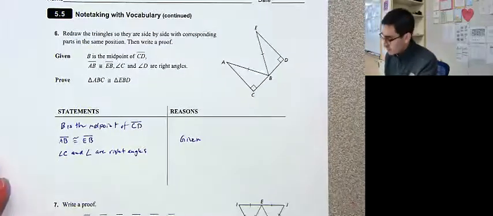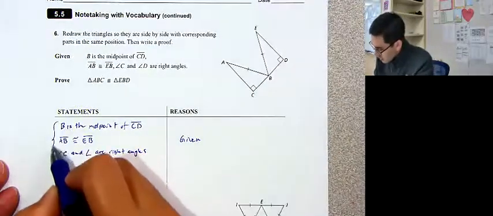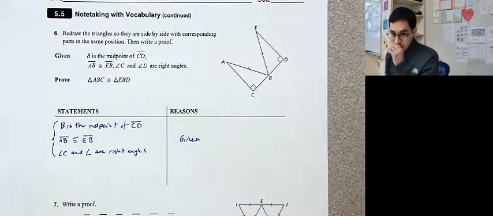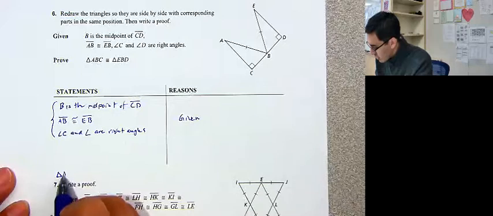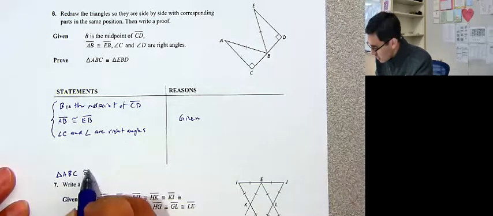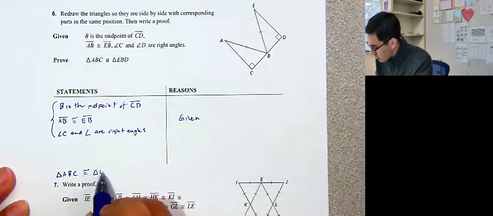And we'll just write given. So that's all one statement there. All right, what we're trying to prove is that triangle ABC is congruent to triangle EBD.